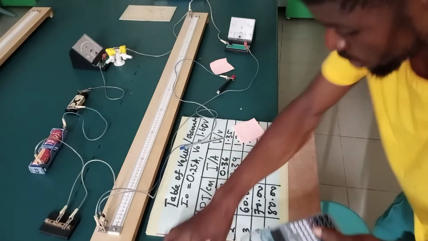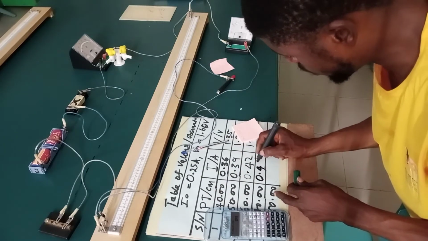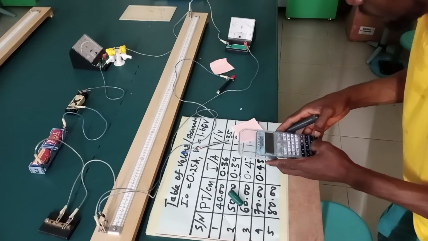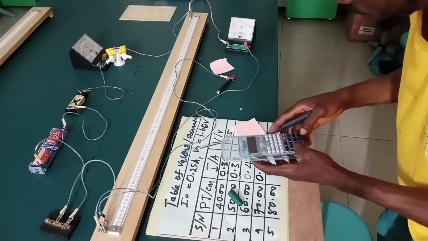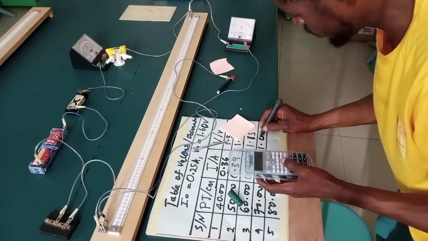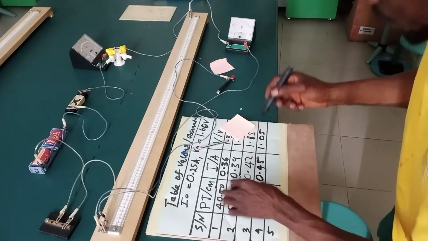That will give me 0.45. So 10.5 times 0.1. That will give me 1.05. The last value is 80.